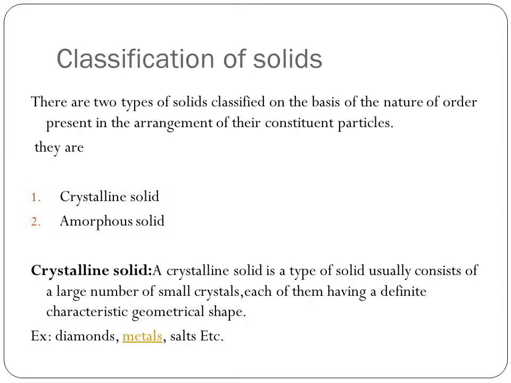So what examples can we give, dear students? The example we can give is diamond. Diamond is the best example of crystalline solids. You can also understand, dear students, that if the arrangement is in perfect order, systematic, this can add to the strength or the stiffness of the diamonds.